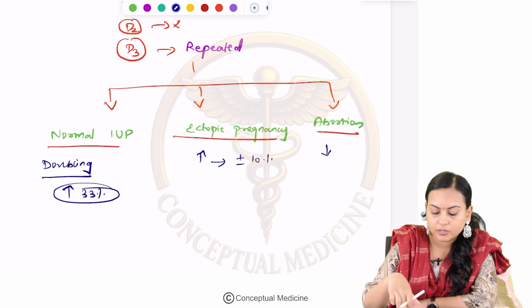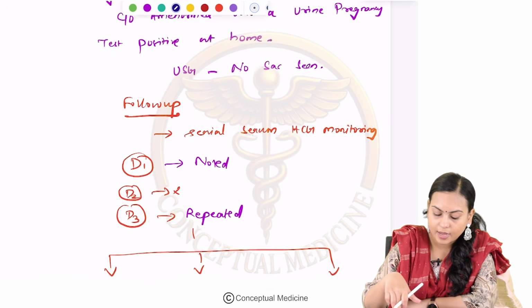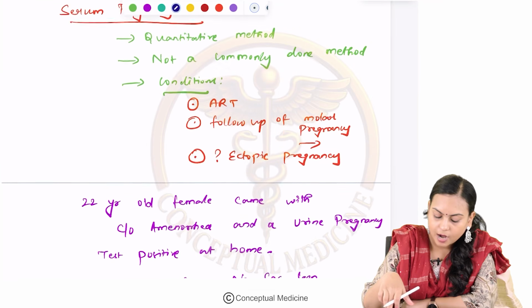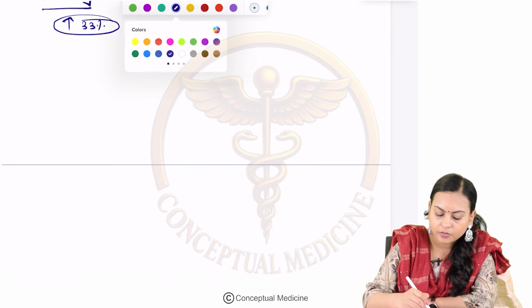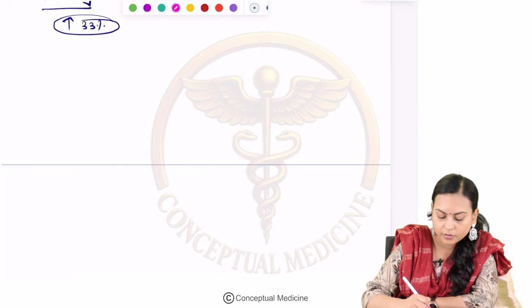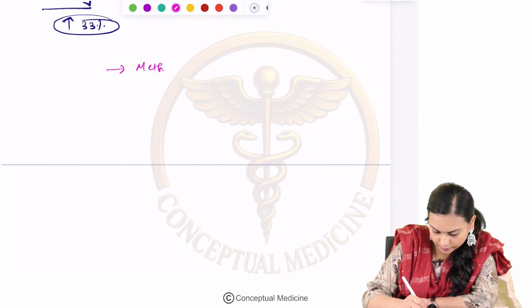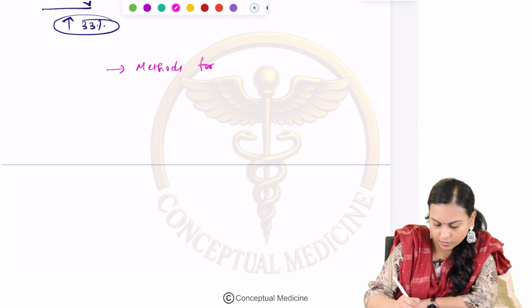Okay, so these are the 3 case scenarios we can have. And then there are various methods used for measuring serum HCG.